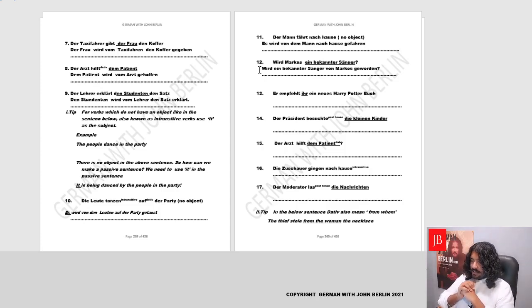Wird Markus ein bekannter Sänger. So it'll basically be: is Markus... We could write it like this: wird ein bekannter Sänger von Markus geworden. Is a famous singer being made by.